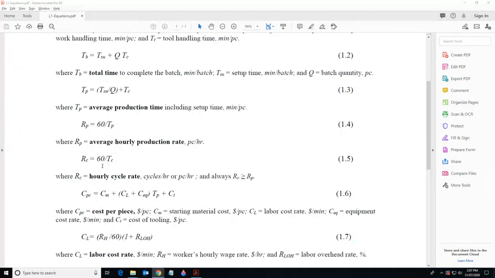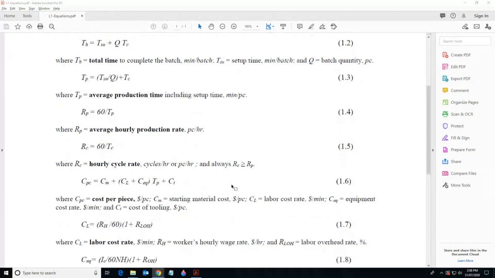And RC does the same, however, what it takes into consideration is cycle time. The difference between the two is that in RC, setup time is not taken into consideration, but in RP it is. So it is reasonable to expect that always RC is greater or equal to RP.